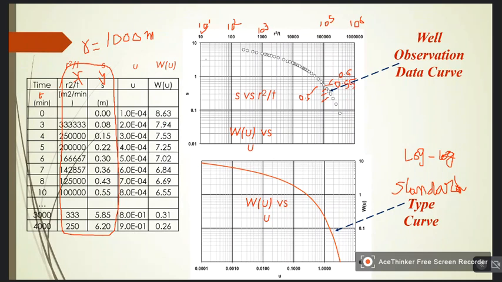So we must prepare this plot, and then join these two. How?